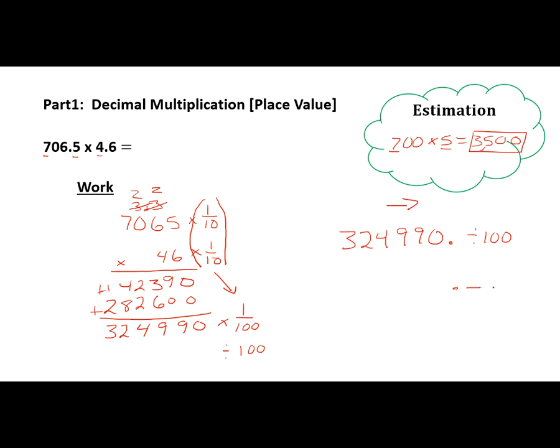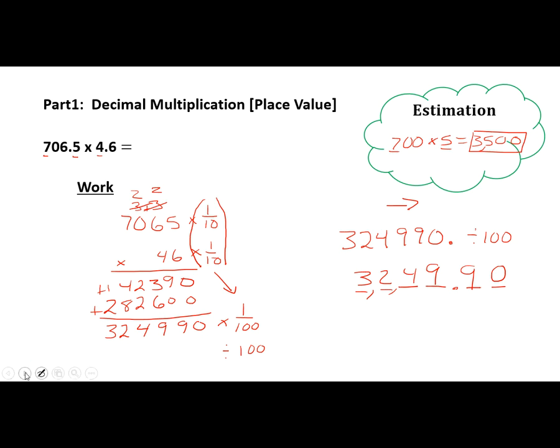This 0 is going to shift 1, 2 place values to the right. This 9 is going to shift 2 place values, 1, 2. This process continues to repeat itself. So instead of having 324,990, we actually have 3,249 and 90 hundredths.